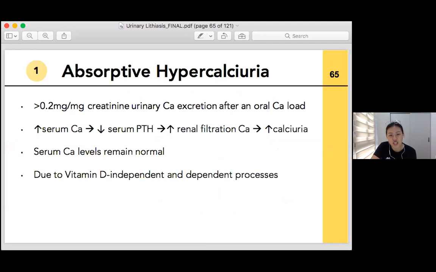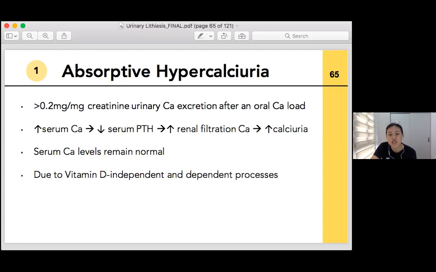First, let's talk about absorptive hypercalciuria. This is defined as an increased urinary calcium excretion after an oral calcium load. The pathophysiological abnormality is that the increased intestinal absorption of calcium would result in increased serum calcium. This would suppress the serum PTH and result in increased renal filtration, which leads to hypercalciuria.